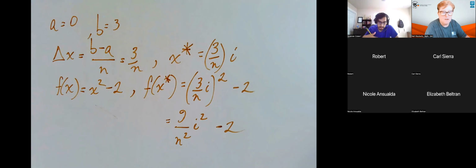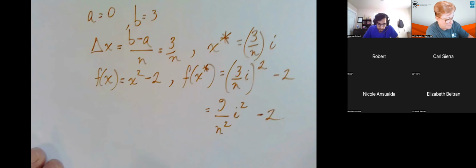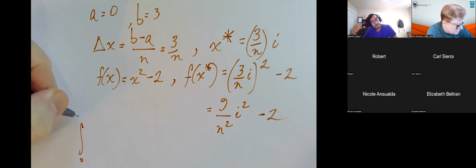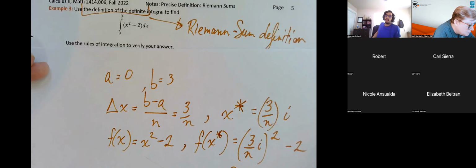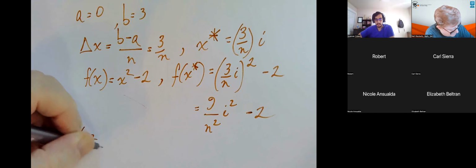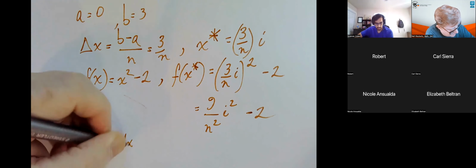Now our formula, our definition is the integral from 0 to 3 of x squared minus 2 dx.